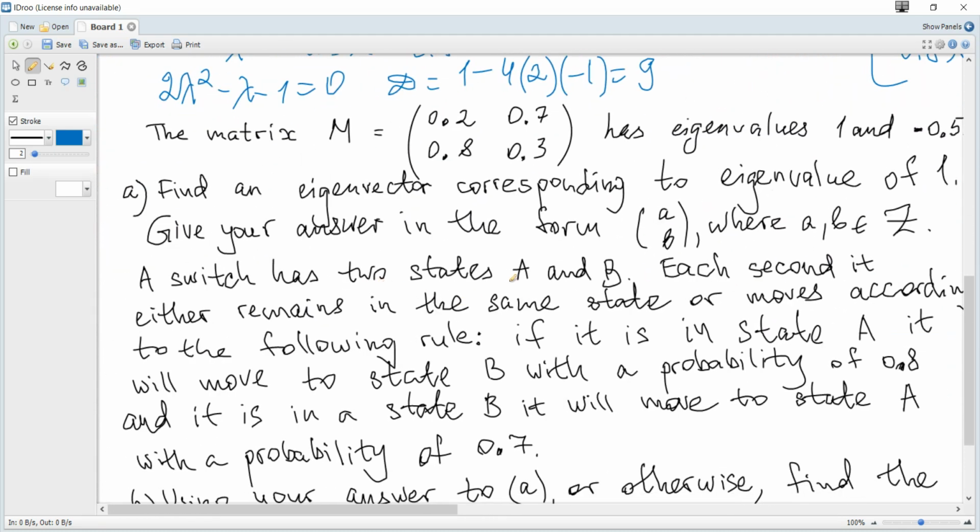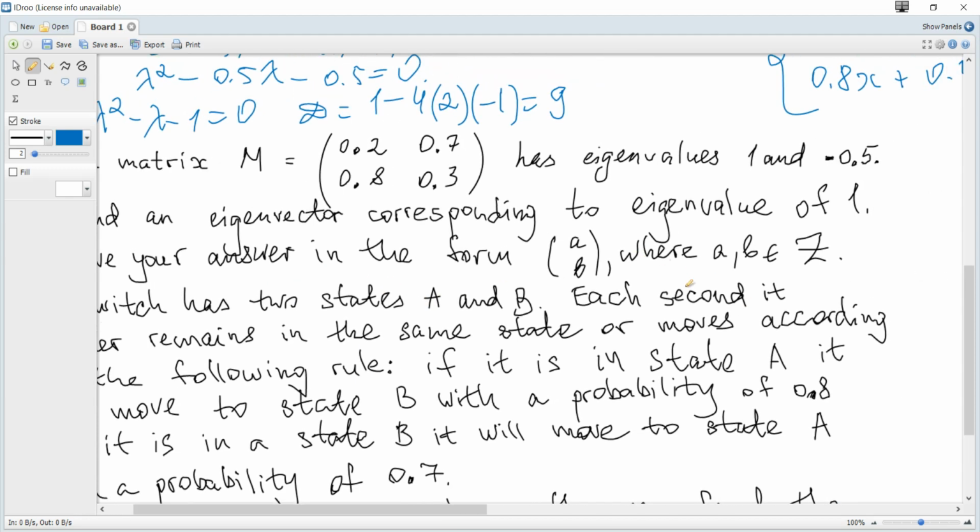So for this problem, give your answer in the form AB, so it's 7, 8, where A and B are integers corresponding to the eigenvalue of 1.